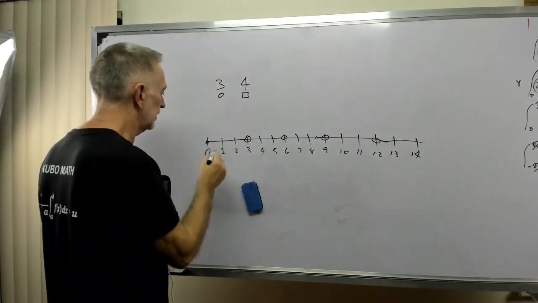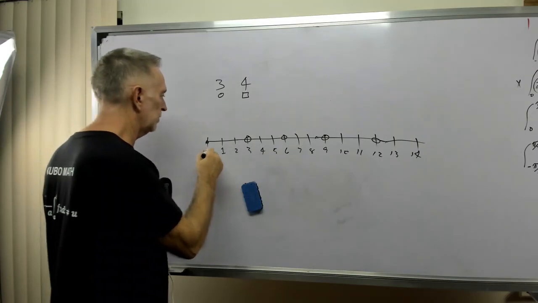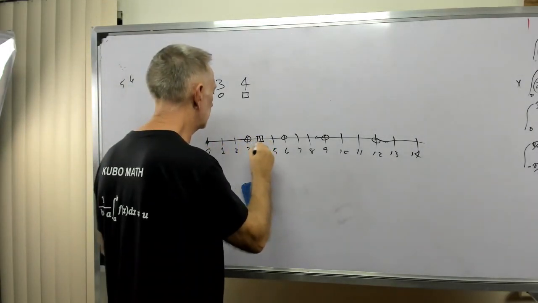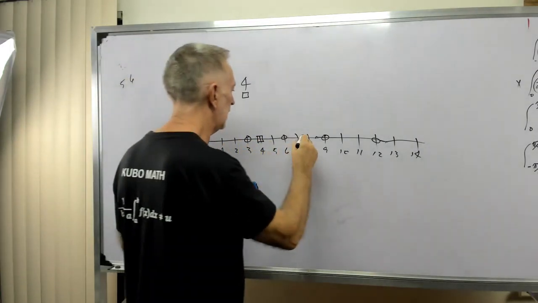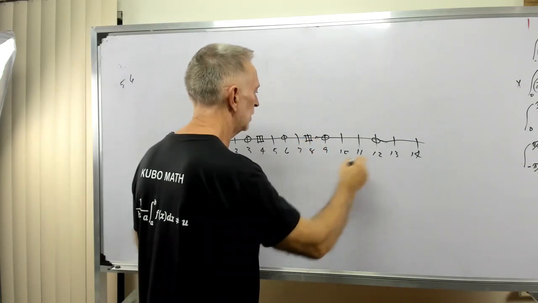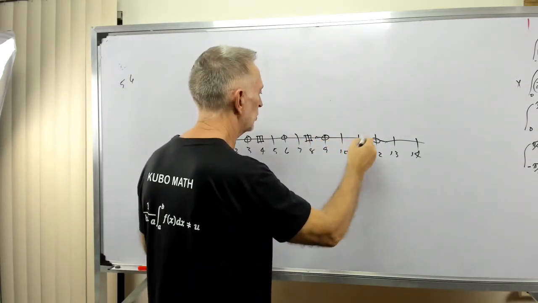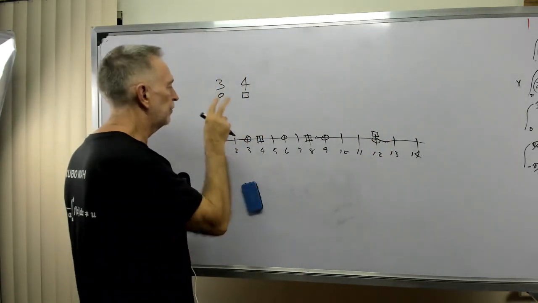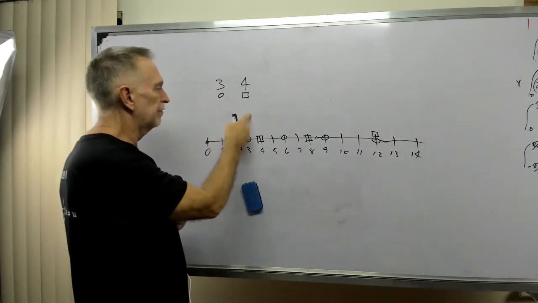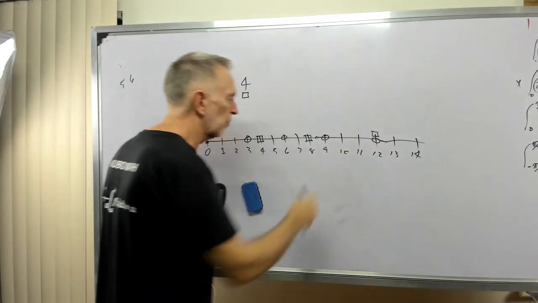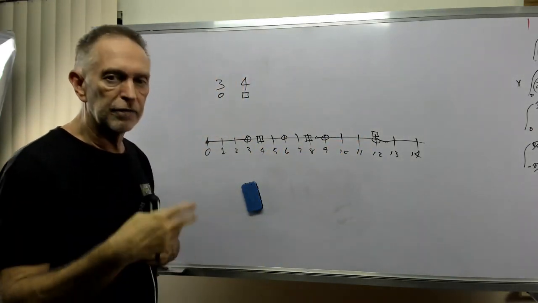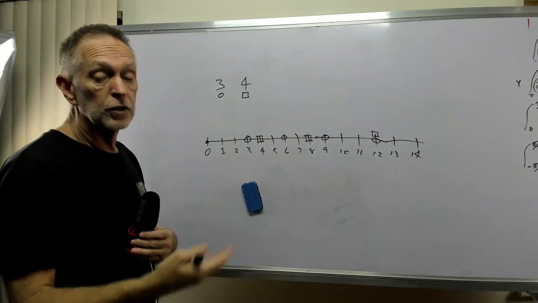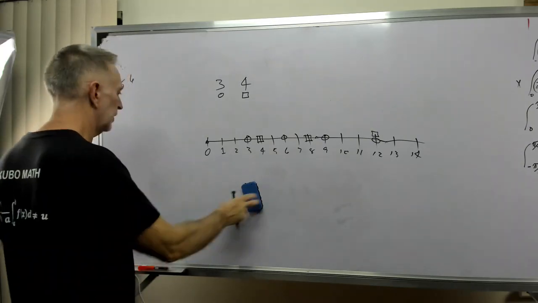Every 4 seconds then, so this one rang at 0. At 4 seconds, it rings. At 8 seconds, it rings. So if you only had the 3 and the 4, they both would ring at the same time every 12 seconds. So that's what they're asking.